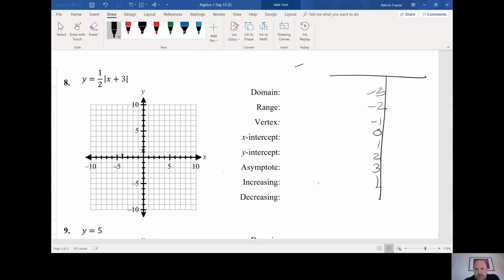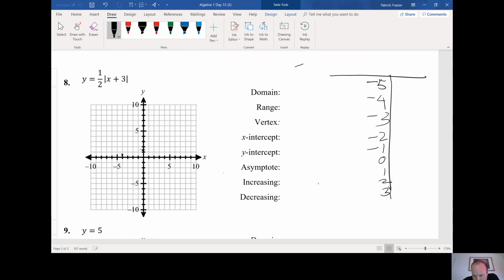For illustration purposes, I want to start at -5, -4, -3, -2, -1, 0, 1, 2, and then 3.